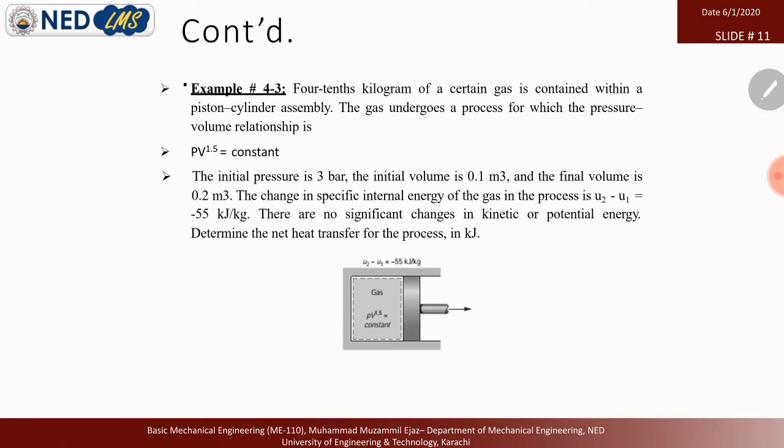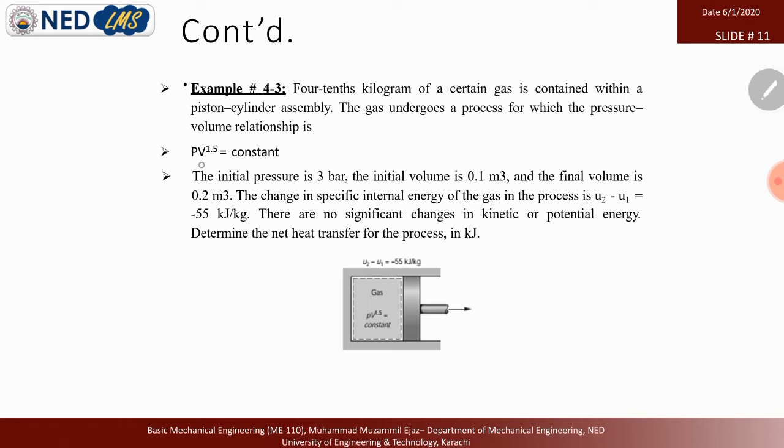Now in this numerical, it is asking for heat transfer, and for the closed system we apply the same formula: the sum of all energies is equal to Q minus W, heat transfer minus work done. It is a simpler numerical since it is a continuation of the previous numerical, and we know the simpler derived equation of work done, that is P2V2 minus P1V1 upon 1 minus n.